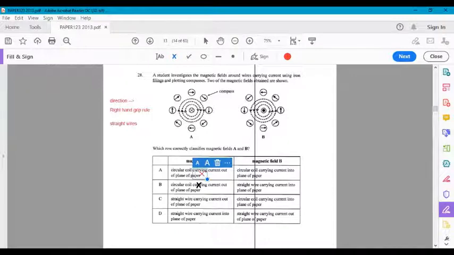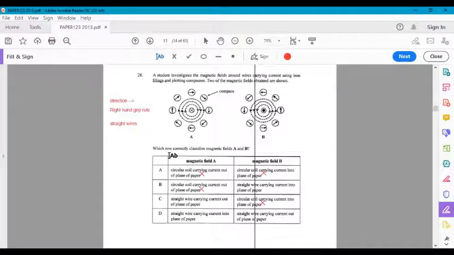The magnetic field of a coil looks like two sets of concentric circles with very straight field lines in between them. Okay, it looks like, you know, like two eyes and a nose. So circular coil, out. Okay, so we've already eliminated 3 options just based off of knowing the shape of the field.